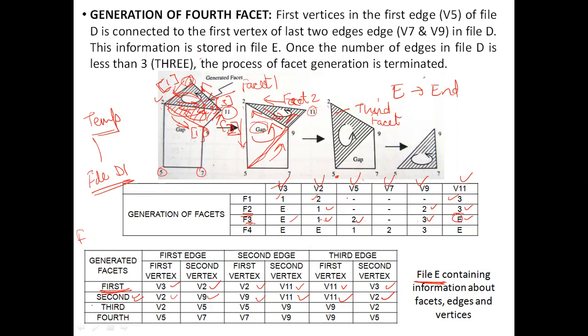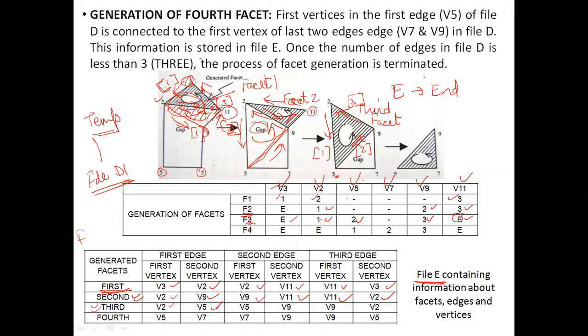Now when I check this facet, this is the orientability that I am talking about. This is my edge 1, this is my edge 2, and this is my edge 3. For edge 1, my vertices are V2 and V5.